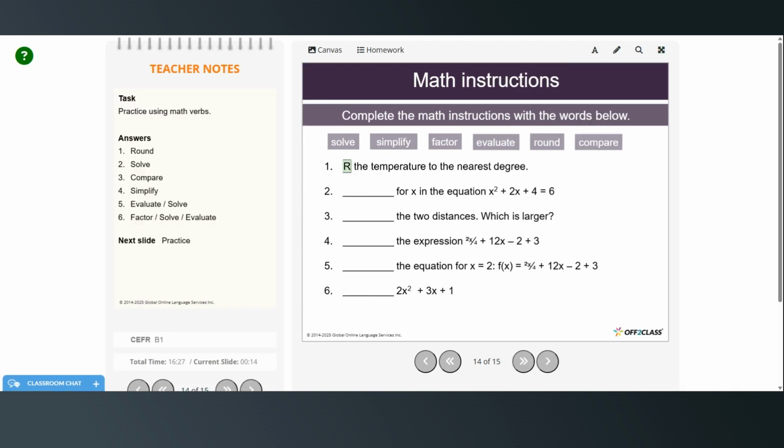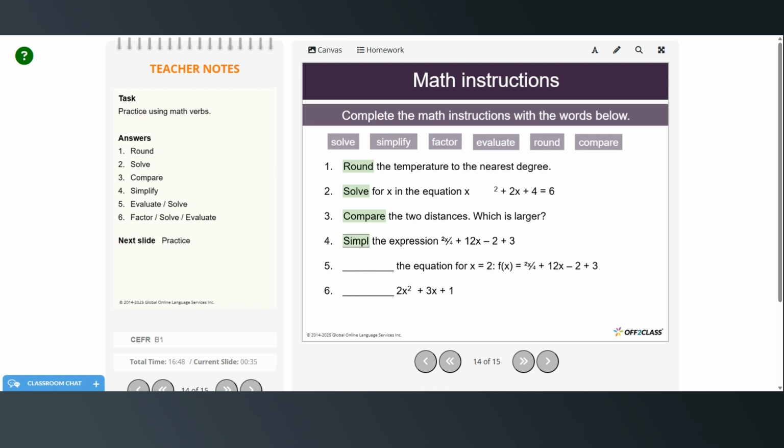Okay, number 1 is round the temperature to the nearest degree. Solve for x in the equation x squared plus 2x plus 4 equals 6. Compare the two distances, which is larger.